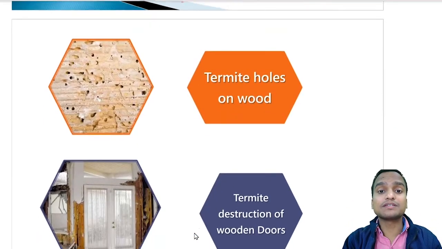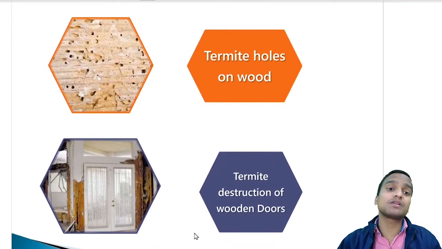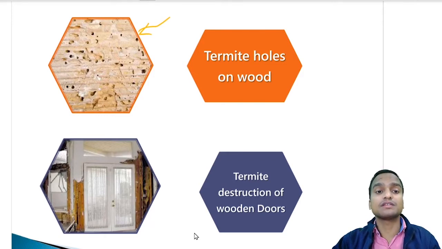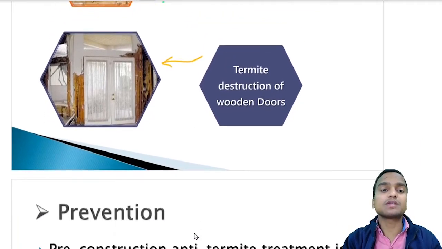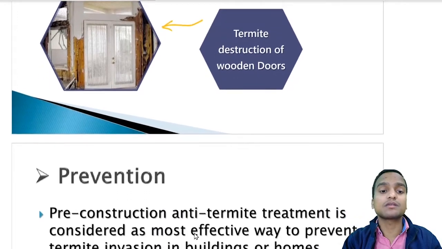Now when these termites make their holes, the wood becomes really hollow from inside, and there are so many holes you can see in this wood, and here the termites have destroyed the entire frames of the window as well as the doors. Okay, so these are a few pictures of damage caused by these termites.